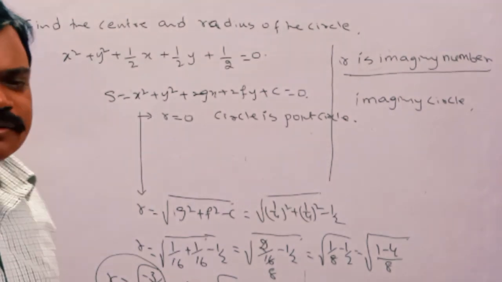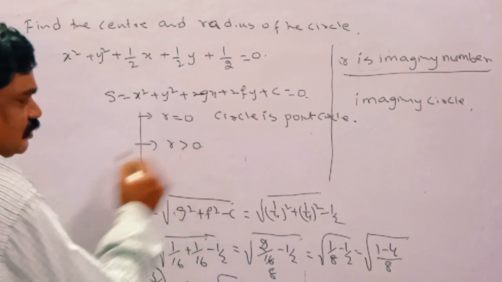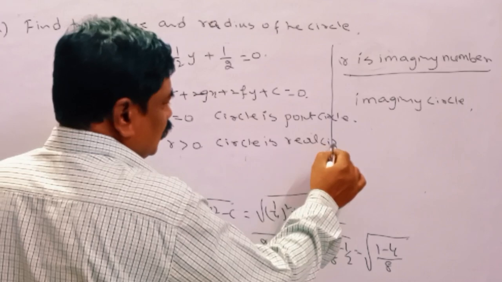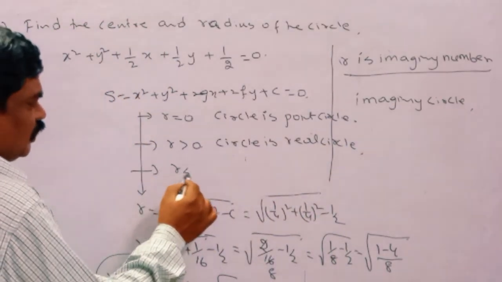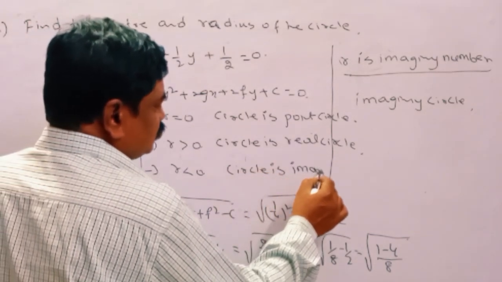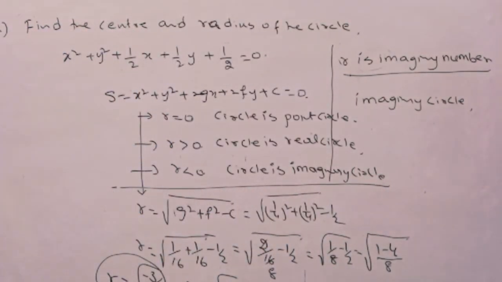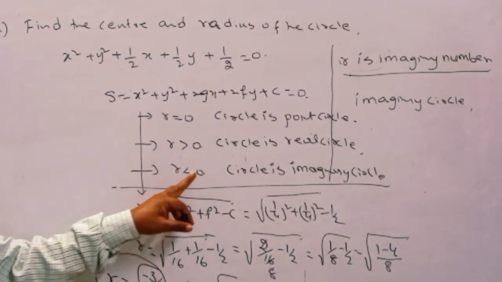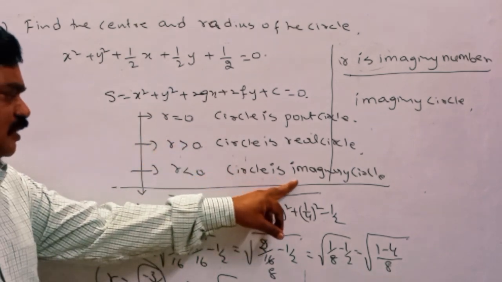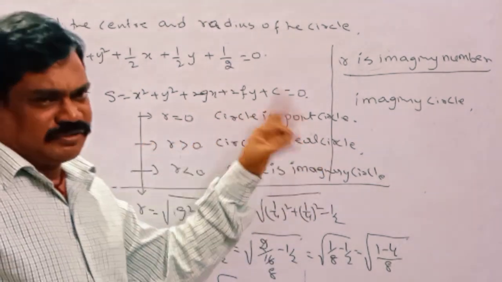Only the center is there, that is a point circle. If r is greater than 0, the circle is a real circle. If r squared is less than 0, the circle is an imaginary circle.